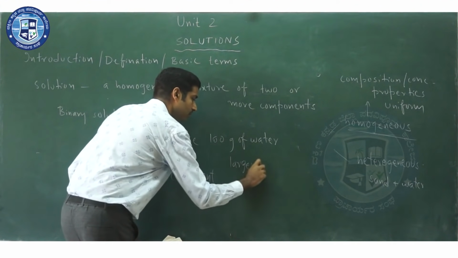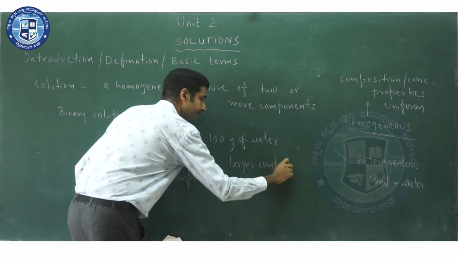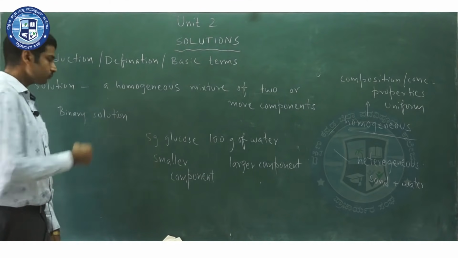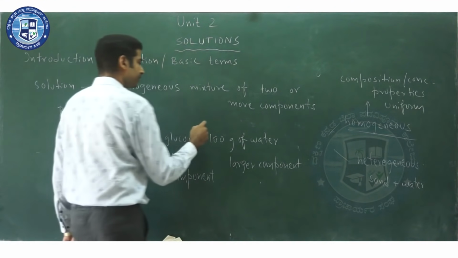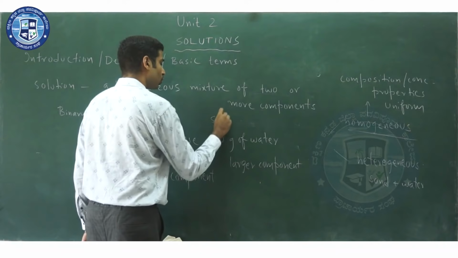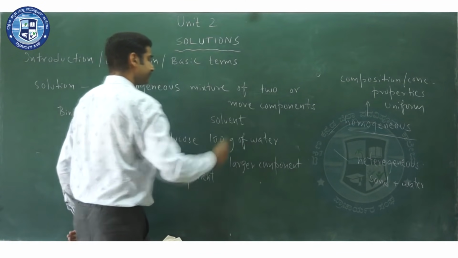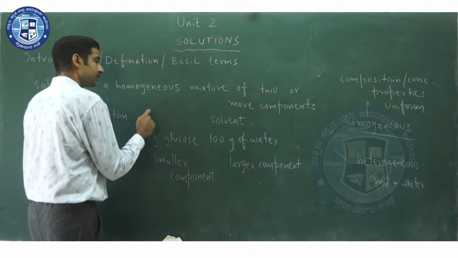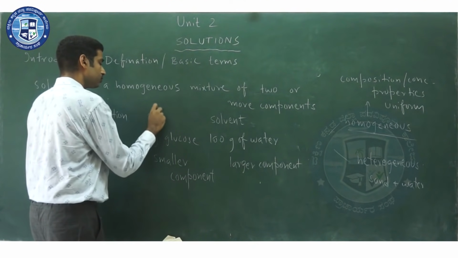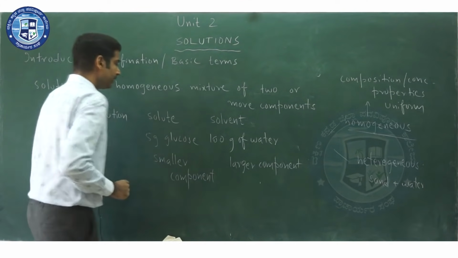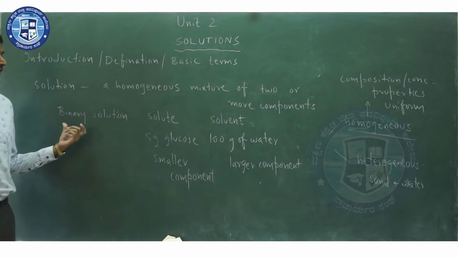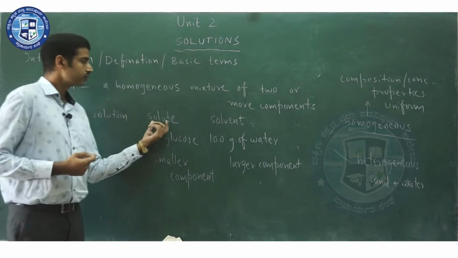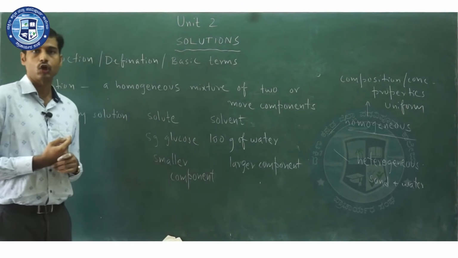So this is a larger component. Now this larger component in the binary solution is referred to as a solvent, whereas the smaller proportion glucose is referred to as the solute. Therefore, a binary solution is obtained by dissolving a solute in a solvent.